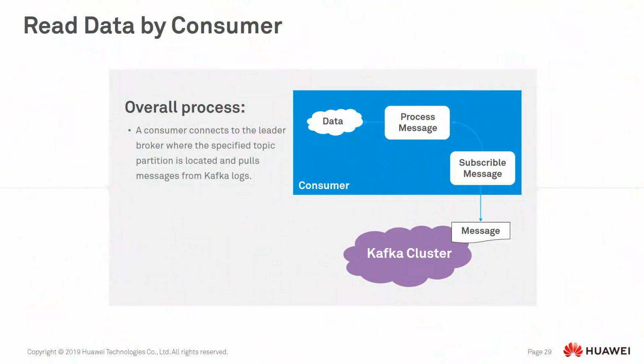For the reading process, the consumer subscribes to the message consumption from a specific topic on the Kafka broker. The consumer then issues a fetch request to the lead broker to consume the message partition by specifying the message offset.